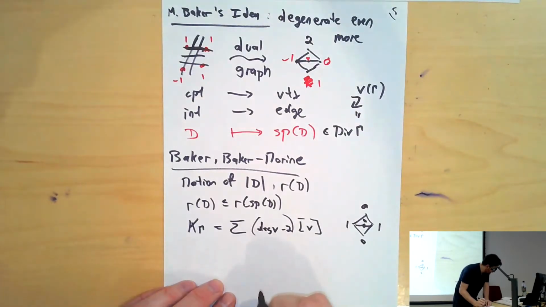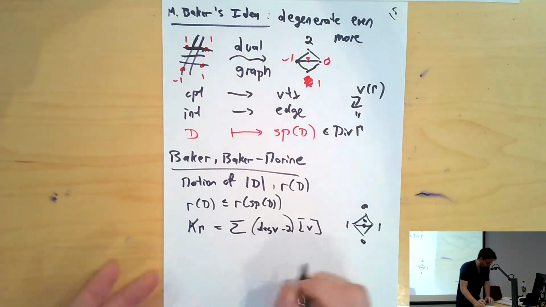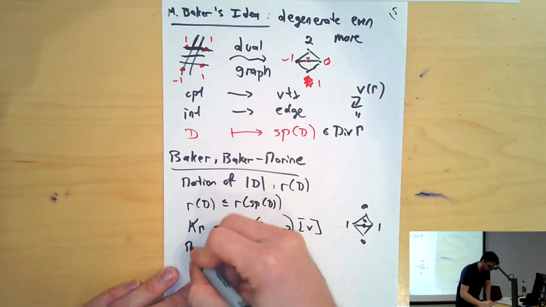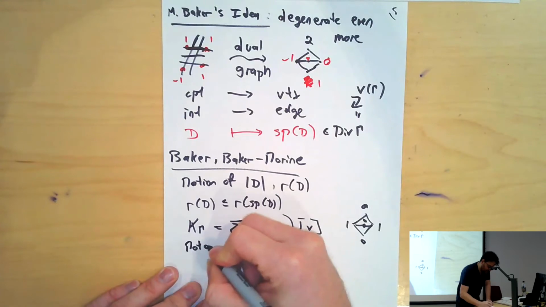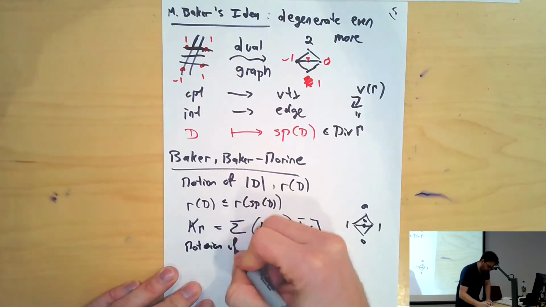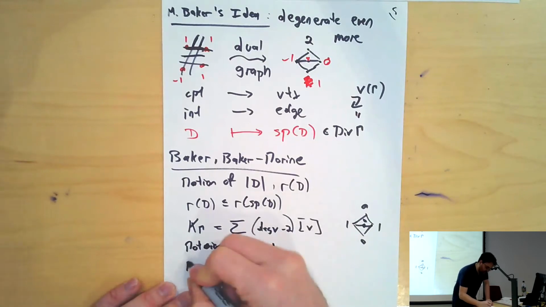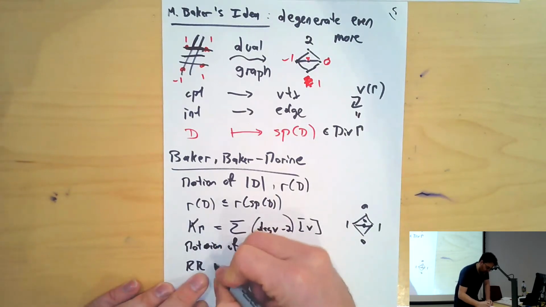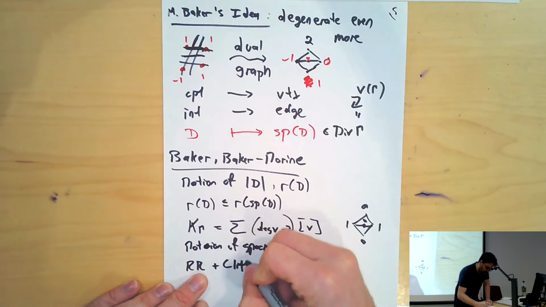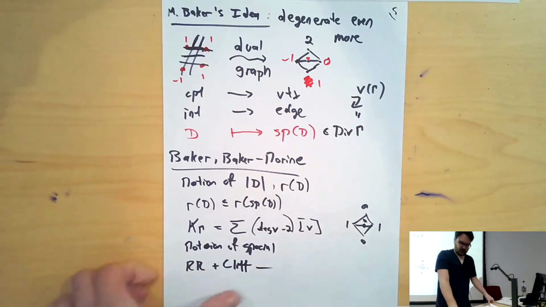And where did I go? Okay, great. So there's canonical divisor, notion of special, and then still theorems of Riemann-Roch and Clifford. But generalized, let me start a new page.